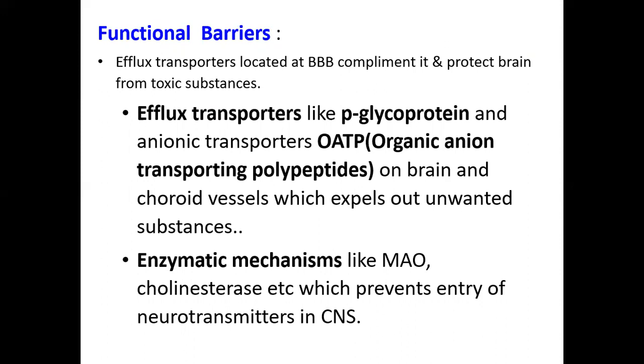We have transporters like P-glycoprotein as well as OATP on brain and choroid vessels, which expel unwanted substances. Apart from this, enzymatic mechanisms like MAO and cholinesterase prevent entry of neurotransmitters into the central nervous system.